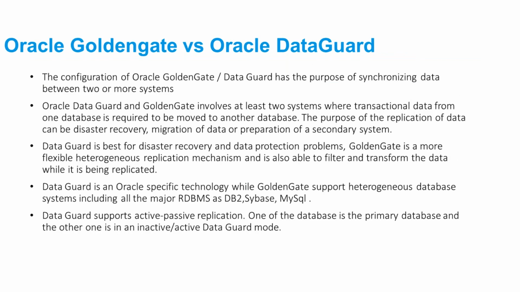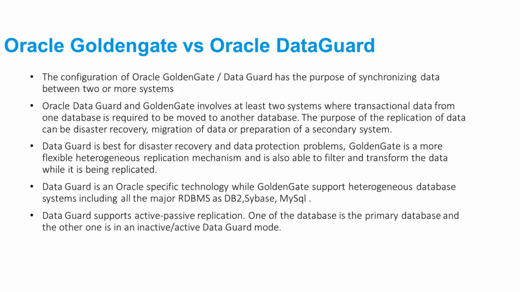Okay. So Oracle Golden Gate versus DataGuard. The purpose of DataGuard and Golden Gate is the same: synchronizing data between two or more systems. Oracle DataGuard and Golden Gate involve at least two systems where transaction data from one database is required to be moved to another database.